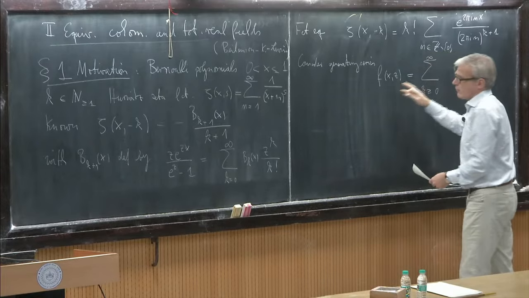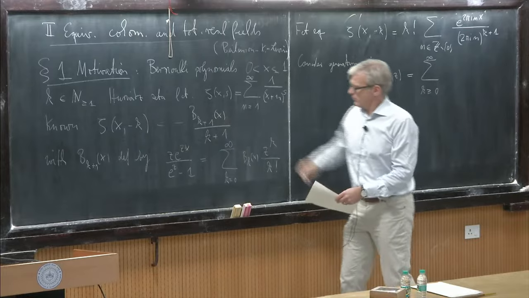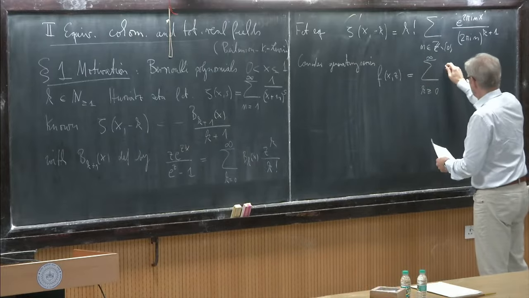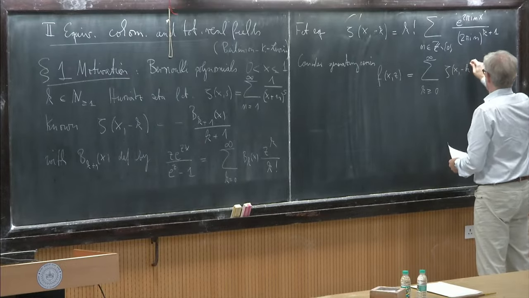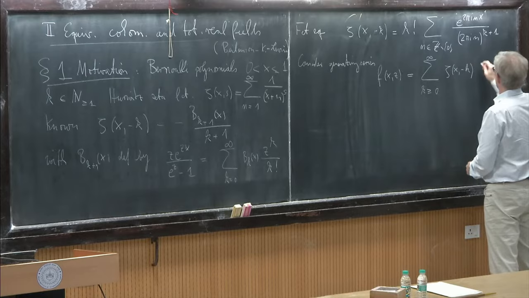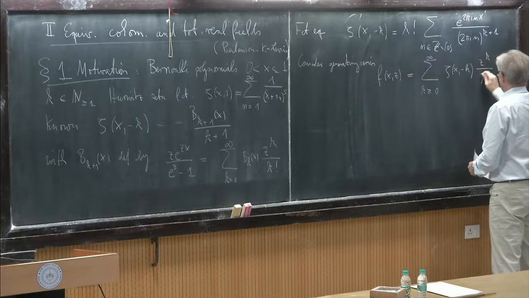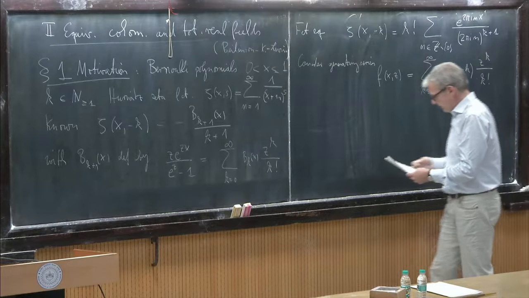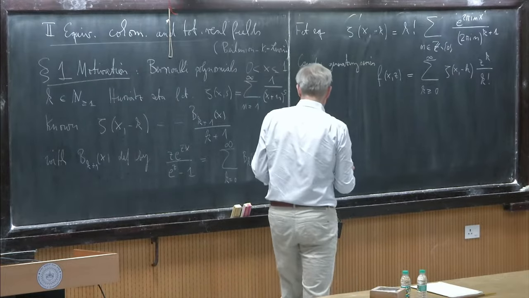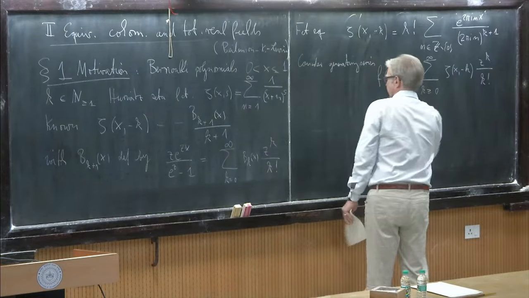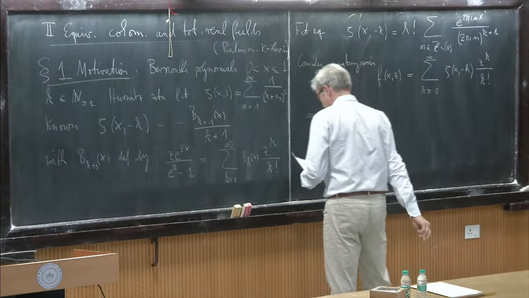I want a generating series of these negative values of the Hurwitz zeta function. So I take zeta x of minus k, and then I take z to the k divided by k factorial. And now I rewrite it with this Fourier series as follows.